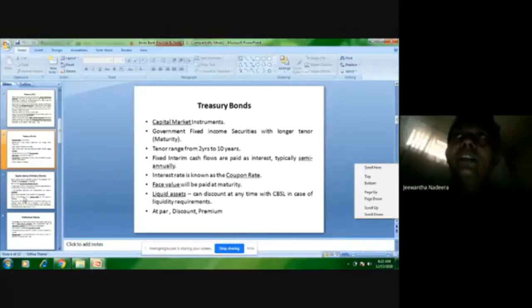How much? 100. Generally the nominal value of instruments in Sri Lanka is 100. We'll be learning why this 100 comes. But if you purchase this bond at 110, and at the end of the period on maturity you are getting 100, you are losing 10 rupees, 10%. Are you purchasing this particular bond? Yes.